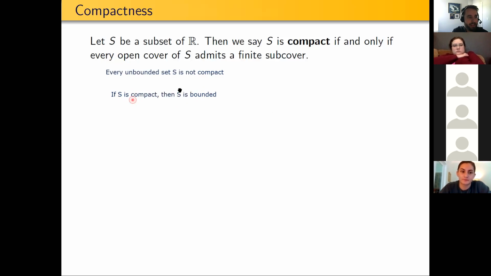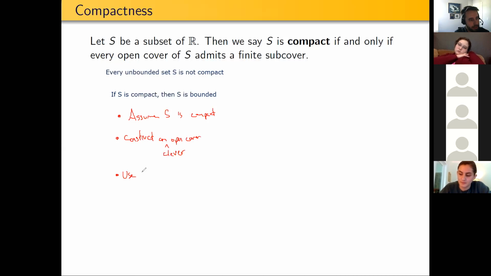The usual flow of these kinds of arguments is: assume S is compact, construct a clever open cover, an open cover that is constructed in a certain clever way so that we can derive something from it.